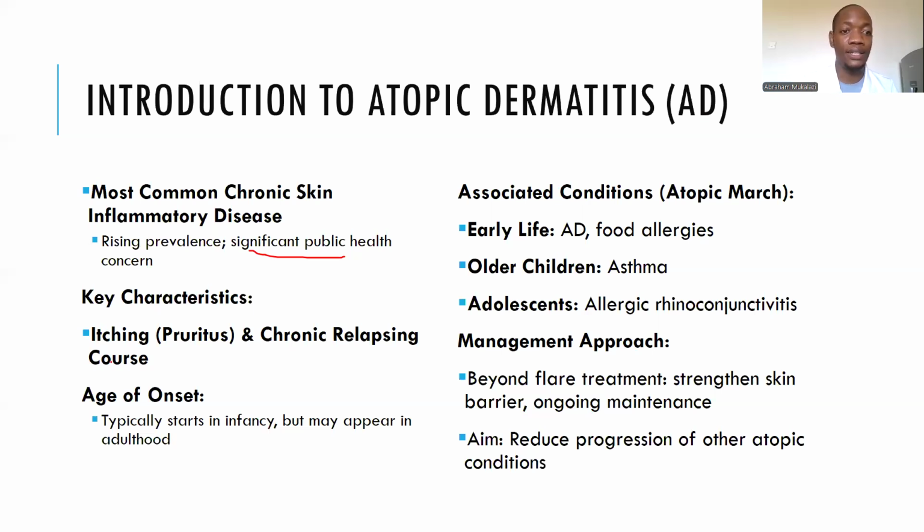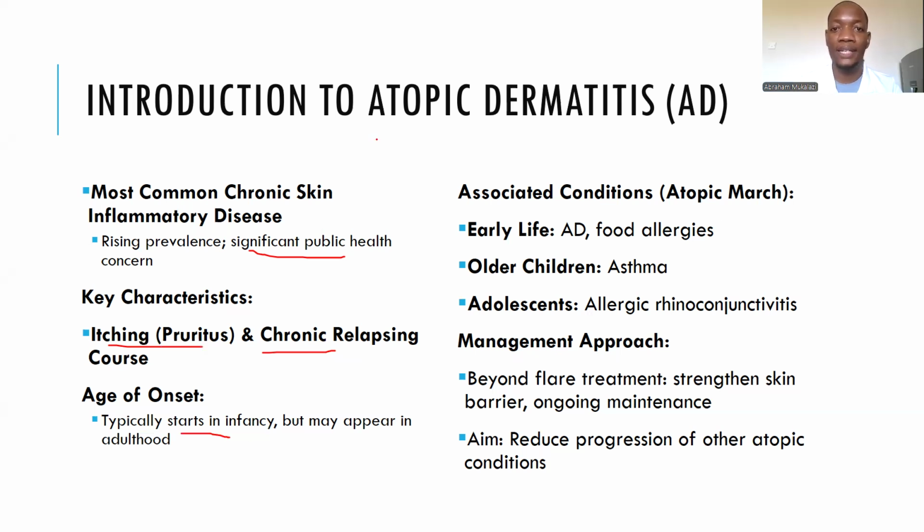The key features that we usually look for are the pruritus, which is itching, and it occurs in 100% of patients with atopy. And then it has a chronic relapsing nature. A patient will have an episode this month, then later on they get another episode, and they'll have that history. And the onset can be early, or a little bit late, and other times the onset can be senile.